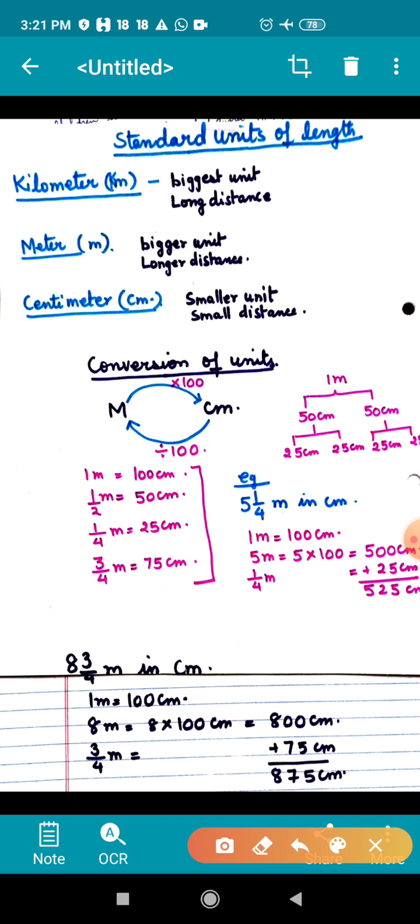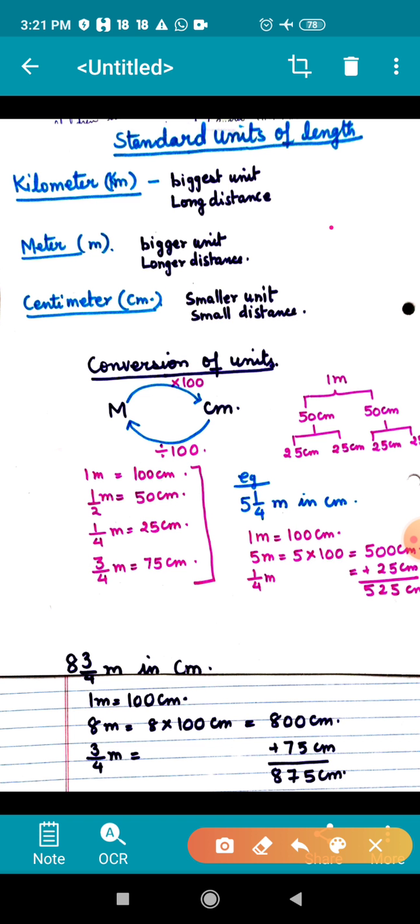Children, you already know that kilometer is the biggest unit of length, and it is used to measure longer distances. For example, the distance between two cities and the length of a river you can measure in kilometers.